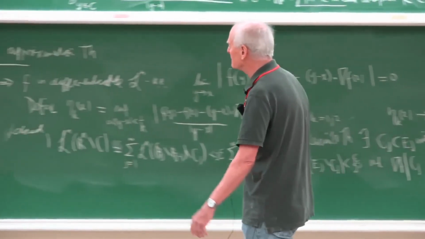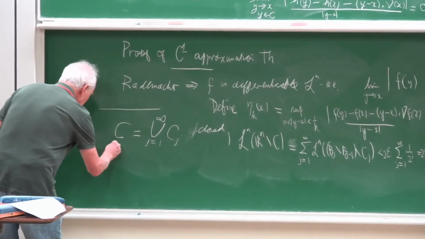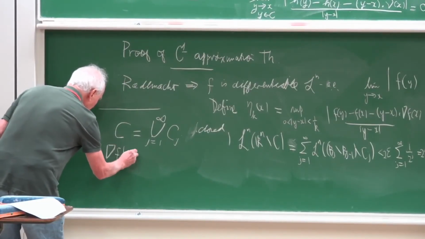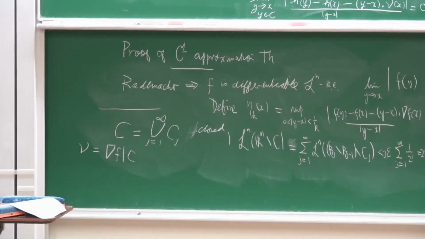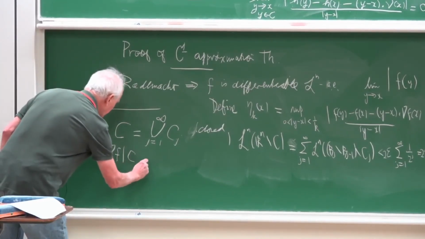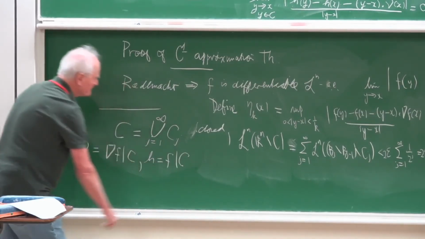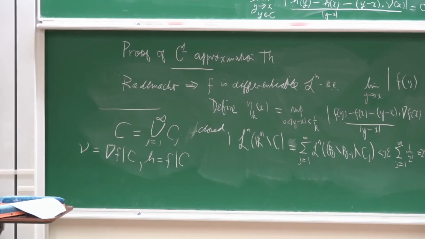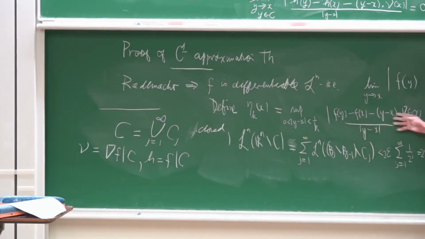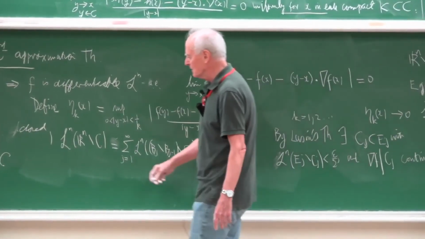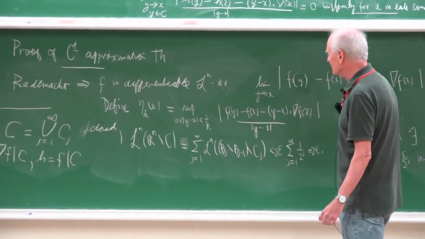That's our closed set C. And notice that we're going to take nu to be equal to grad f restricted to C, and we're going to take h to be equal to f restricted to C. They're two continuous functions, and furthermore, by definition, they have this property. Notice that's uniform.